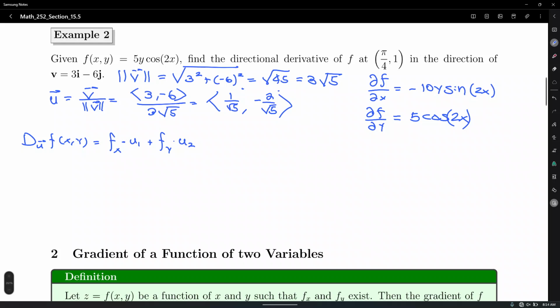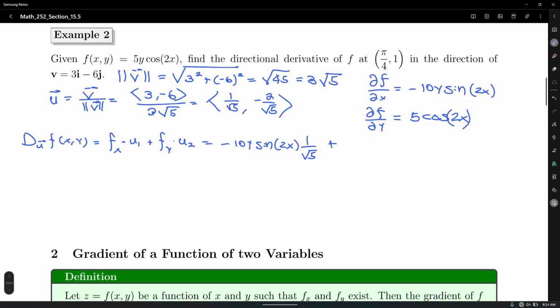Don't we have those components already? Yep. Okay, let's get this directional derivative. The partial with respect to x, which is this expression here, negative 10y sine 2x, times the x component of the unit vector, which is 1 over root of 5. And again, you don't have to rationalize denominators here.